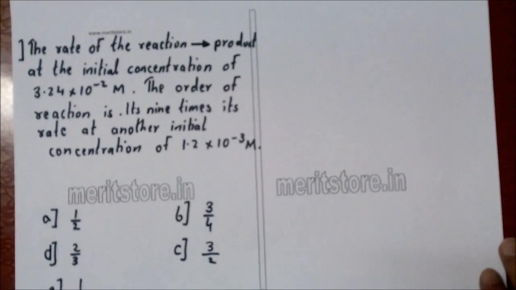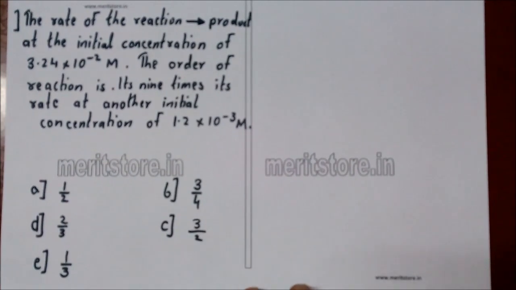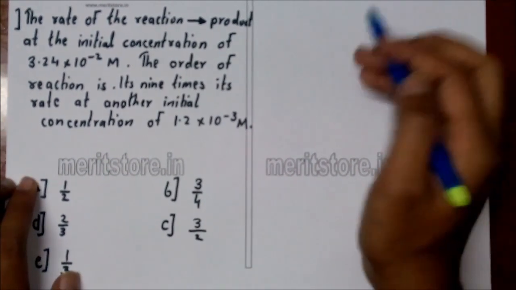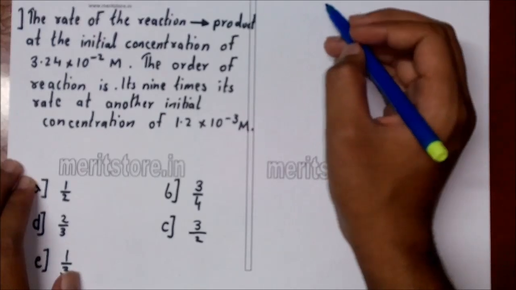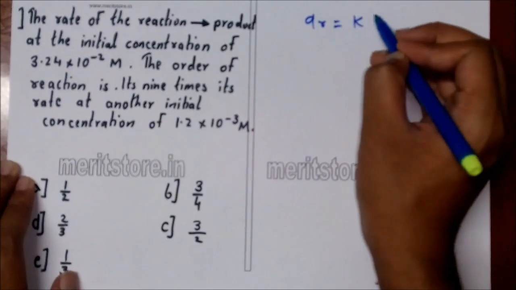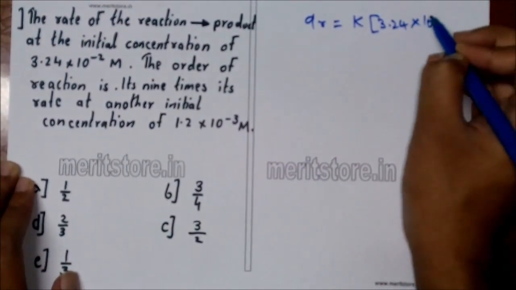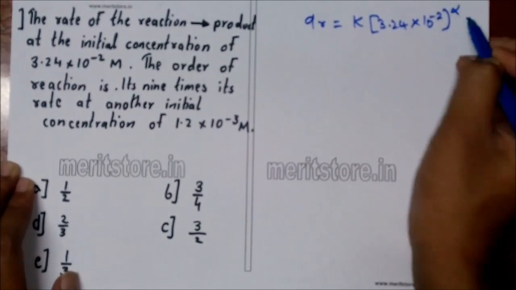Our next question is, the rate of the reaction at an initial concentration of 3.24 × 10^-2 moles is 9 times its rate at another initial concentration of 1.2 × 10^-3 moles. What is the order of the reaction? As the rate is 9 times, we can write the equation as 9R equal to K into the initial concentration 3.24 × 10^-2 raised to alpha.